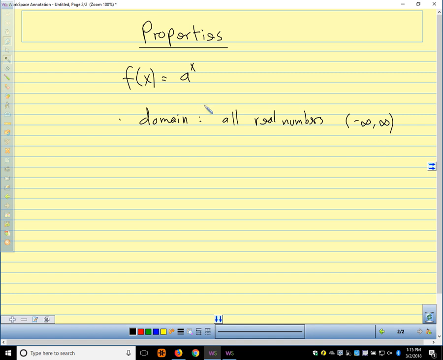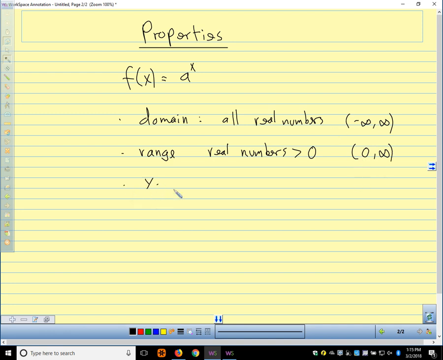So we can put any value of x in there. Nothing's going to give us a problem. The range is real numbers greater than 0, because if our base is positive, we can never get a negative number. We could also write that as 0 to infinity, with a curved bracket because it doesn't equal 0.